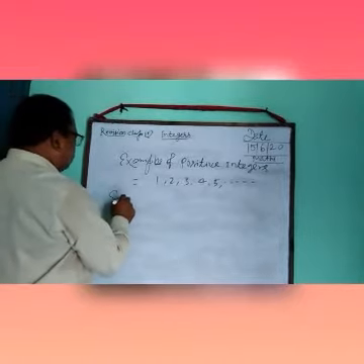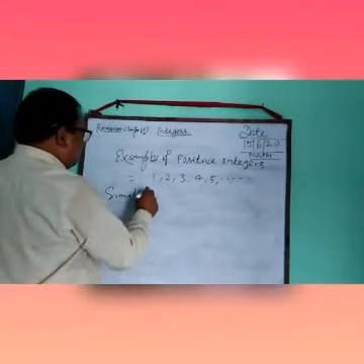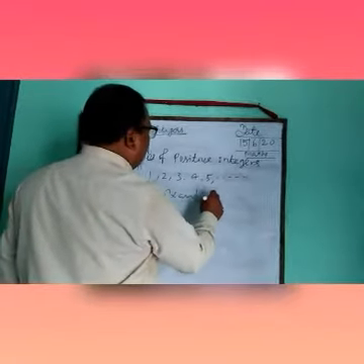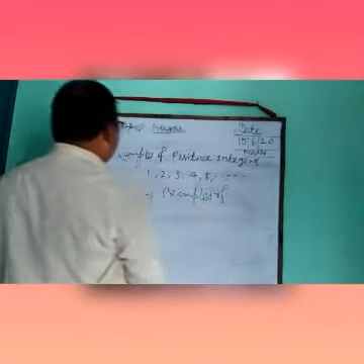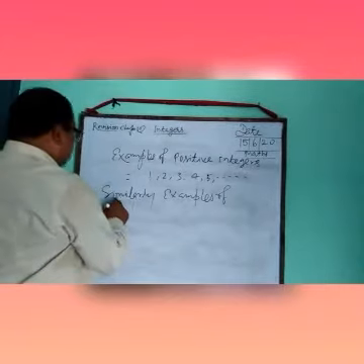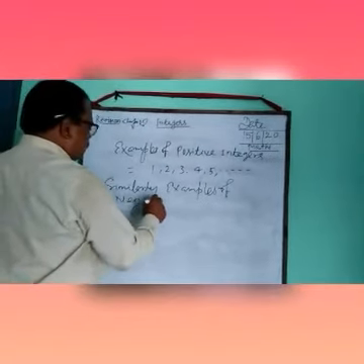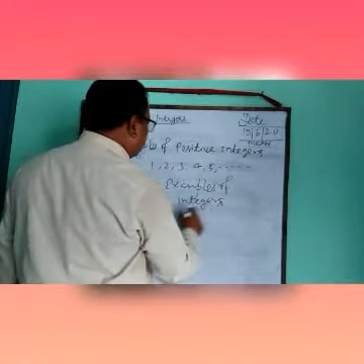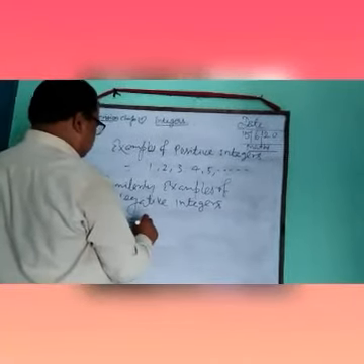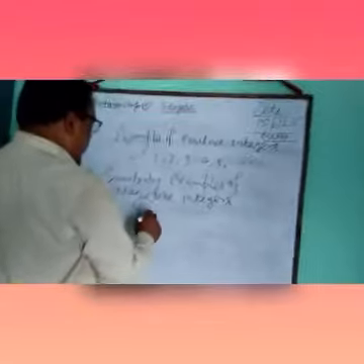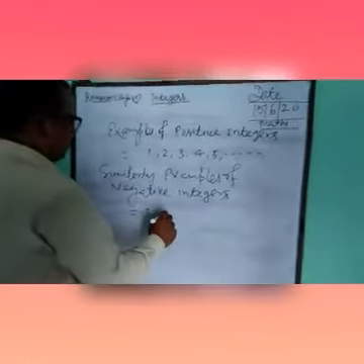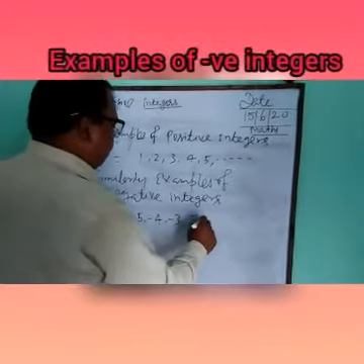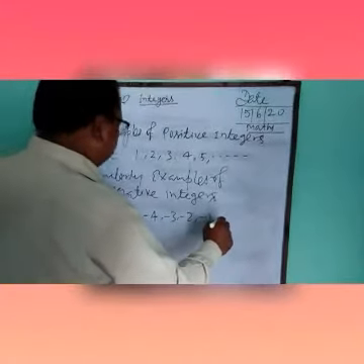Similarly, examples of negative integers: -5, -4, -3, -2, -1.